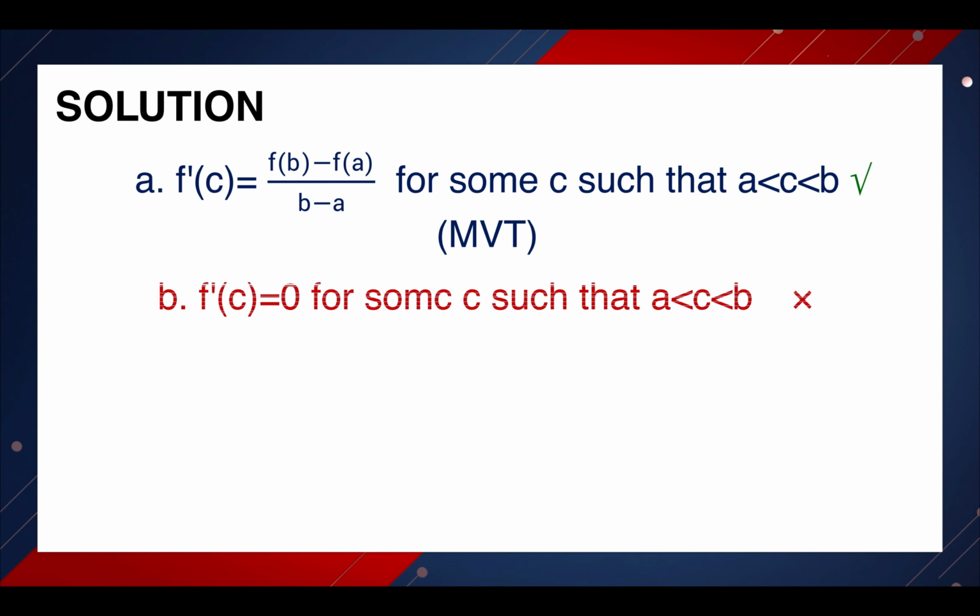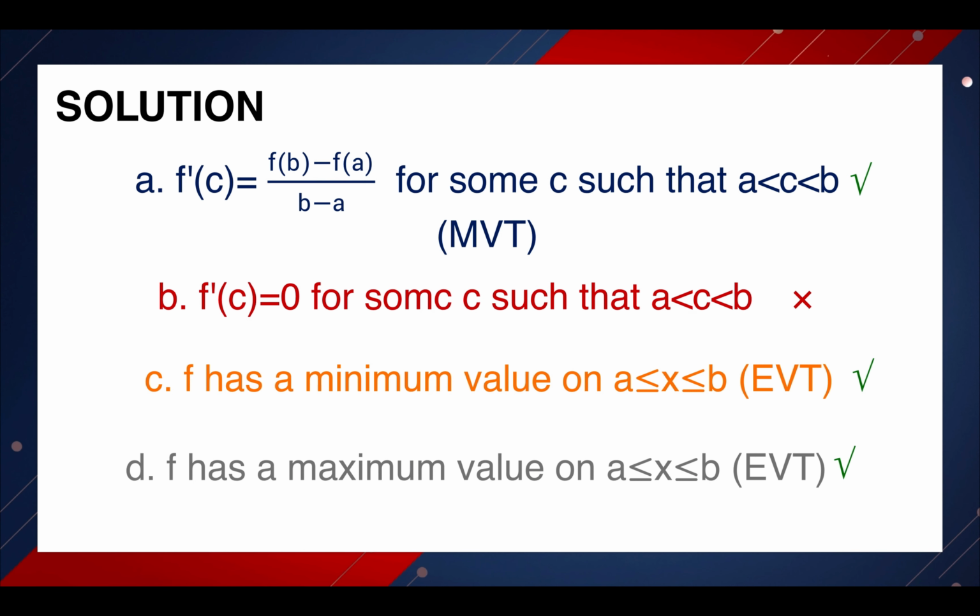And for choice B, the derivative f'(c) is equal to 0 for some c such that a < c < b. This statement could be false because on a continuous and differentiable interval, the function can be constantly increasing or constantly decreasing without having to change the sign of its slope.